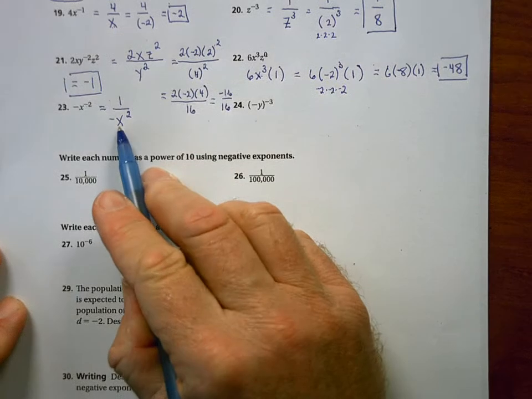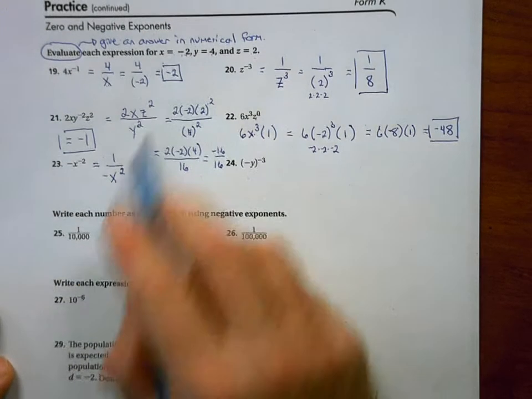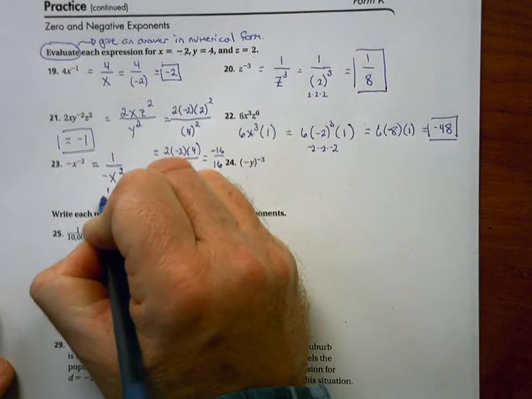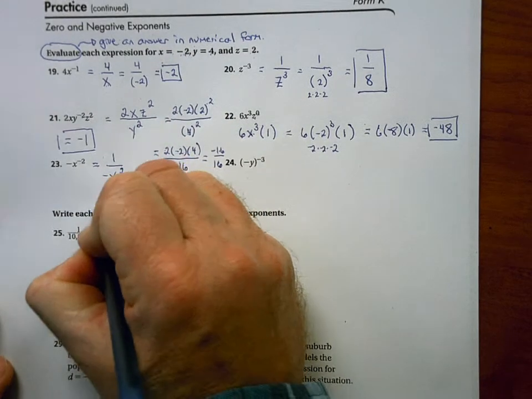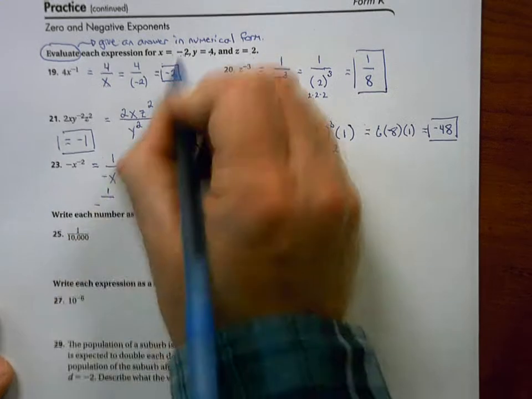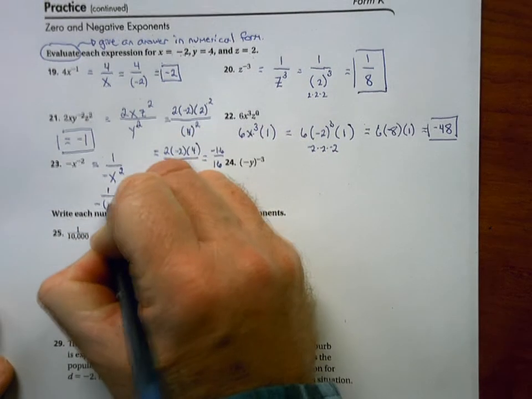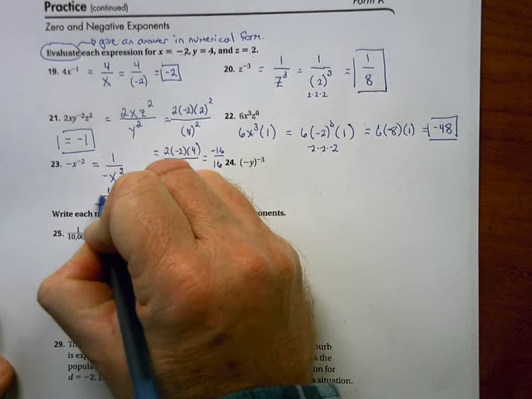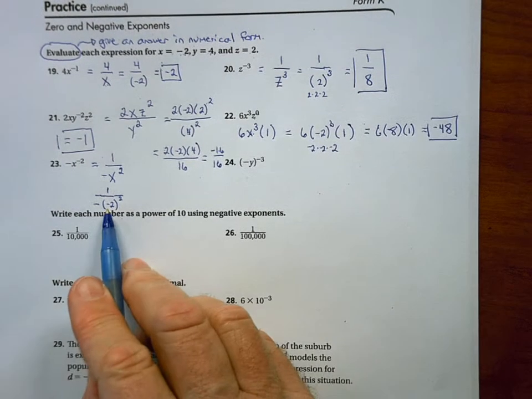Okay? Now I substitute in the place of x, I'm going to substitute a negative 2. So substituting this in, I would get 1 over, I have a negative sign, x becomes negative 2, and then I have to the second power. Okay? And now I evaluate.